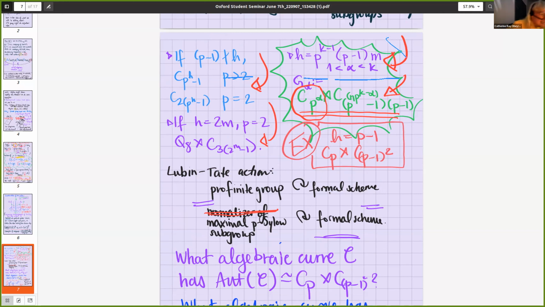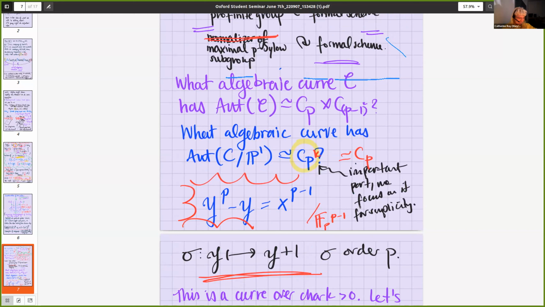And I'm just going to tell you the answer. What is an algebraic curve that has automorphism group Z mod P to the K? There is a canonical answer to this. We're just going to talk about the Z mod P case, since I have approximately 4 minutes.